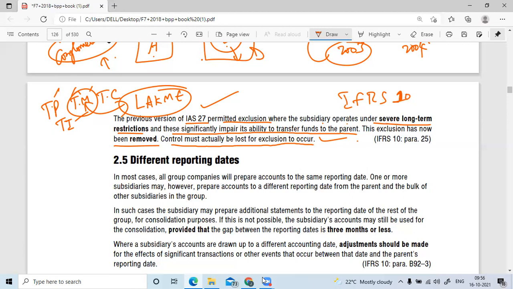IFRS 10, you have to see that. Dissimilar activities is all right. Severe long-term conditions, I was knowing this in IFRS 10. What is this severe long-term conditions? Just a second, I'm just checking it out. Two minutes.